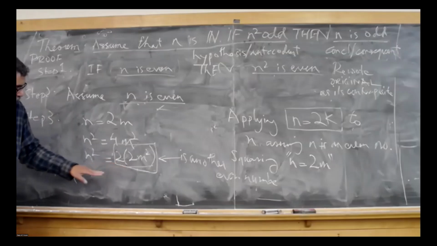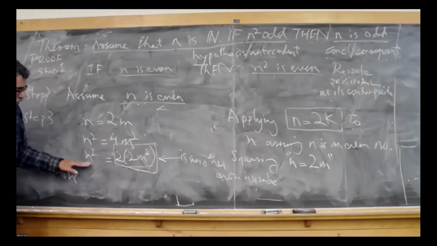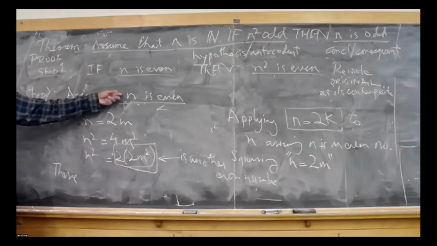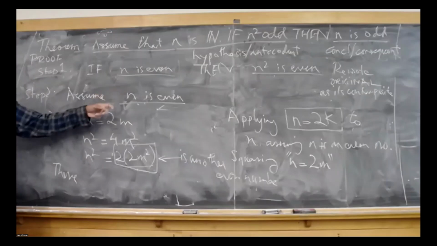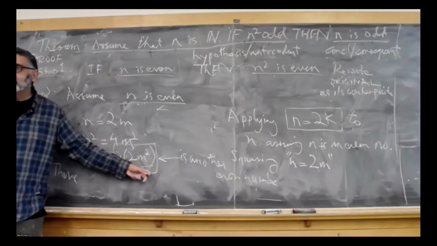If this is even, then this number is even, and it is equal to a square of n, and n can only be even if n is even to start with, which is what our assumption was. The assumption hasn't changed. Because the assumption is that n is even, the square of an even number should get you an even number, and we just showed that over here.